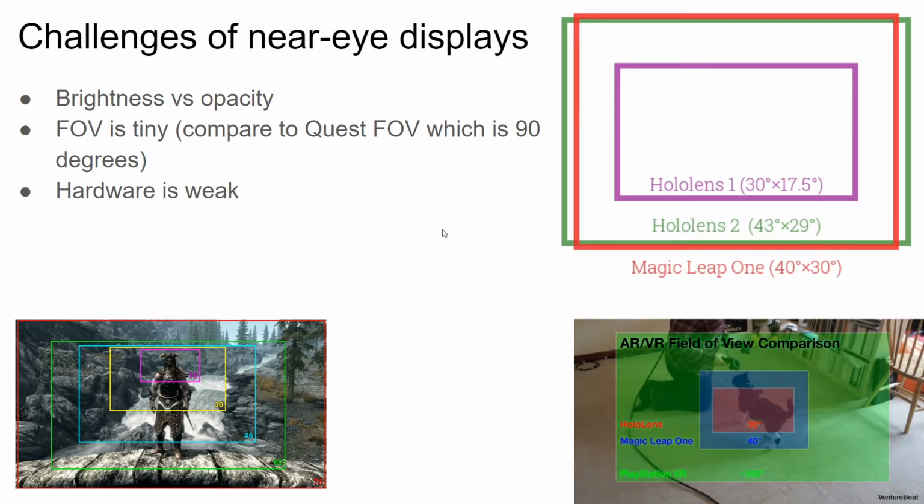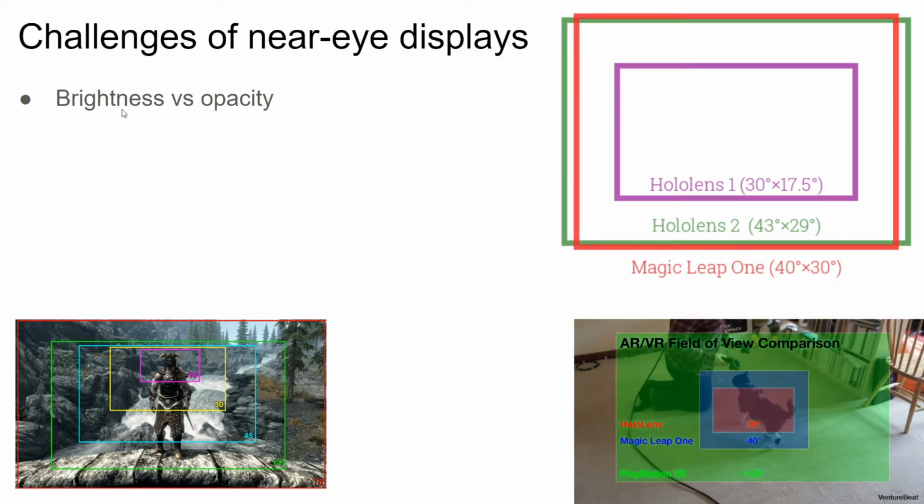The near-eye displays have a couple of challenges, such as the brightness versus opacity. You want it to be possible to make certain parts of the virtual world opaque if you need to, but a naive approach to opacity would be to just make that pixel on the combiner really bright.